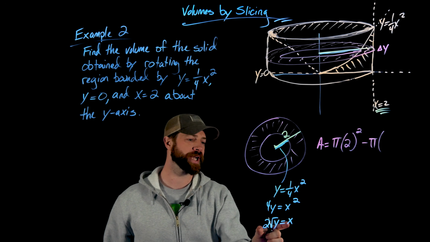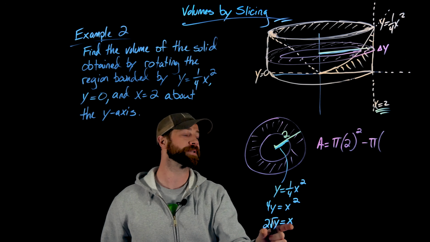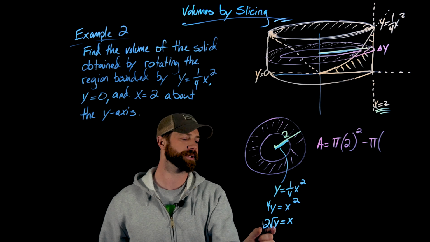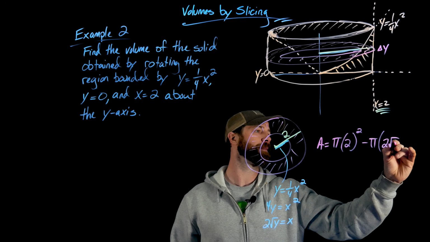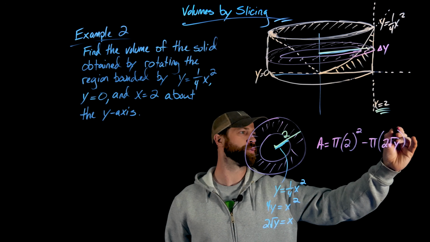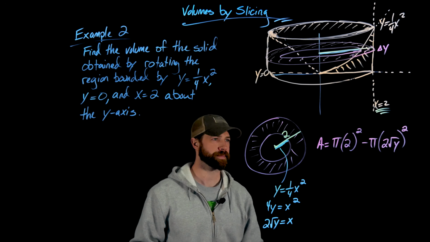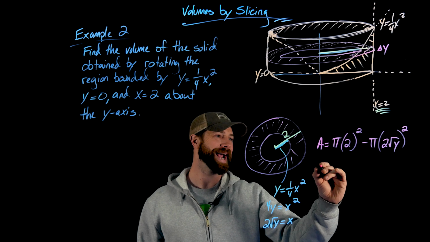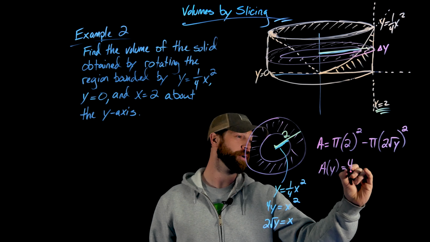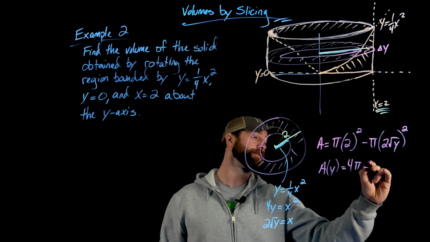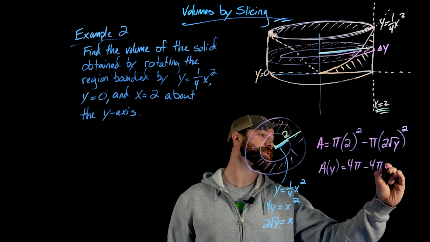Now this radius changes, and in terms of y, it is 2 square root of y, squared. So that gives us the area of these cross sections in terms of y: 4 pi minus 4 pi times y.